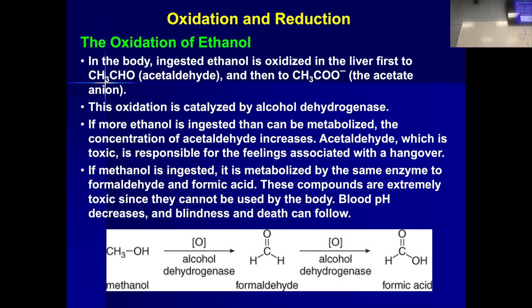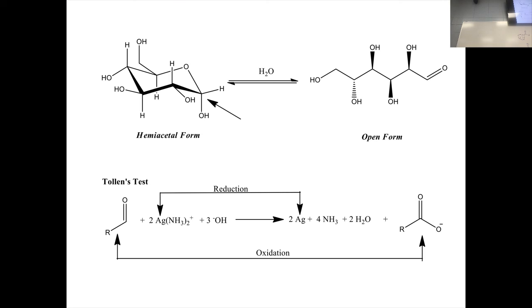So that can happen quite readily using enzymes, for example. But there are other examples that are talked about in your book. This is called the Tollens test, and we'll do this on Wednesday. I didn't have time to get the demo together.